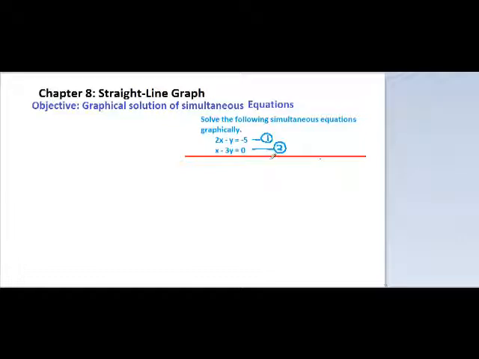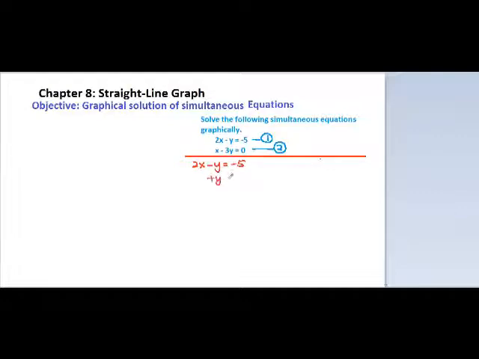Well, let me expose you to more questions. Solve the following simultaneous equations graphically. We are given a pair of equations which are not in the gradient intercept form. So let's transform them into the gradient intercept form. 2x minus y equals negative 5.